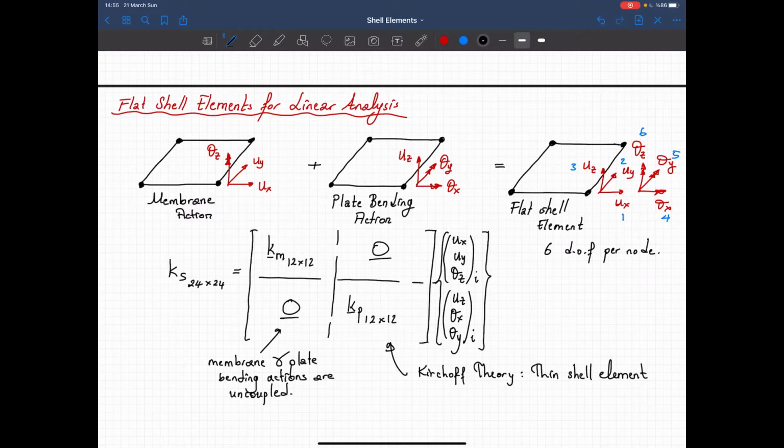And if you use the Reissner-Mindlin theory, you will have a thick shell element. And of course, this is the stiffness matrix in the shell element's local coordinate system.